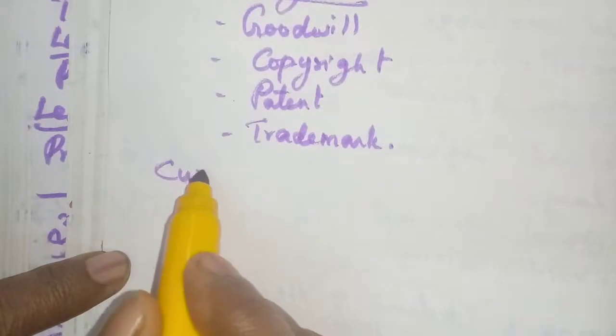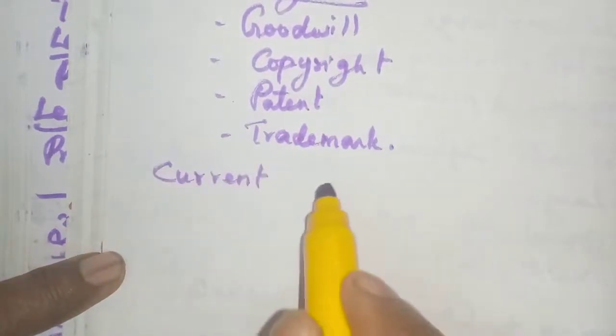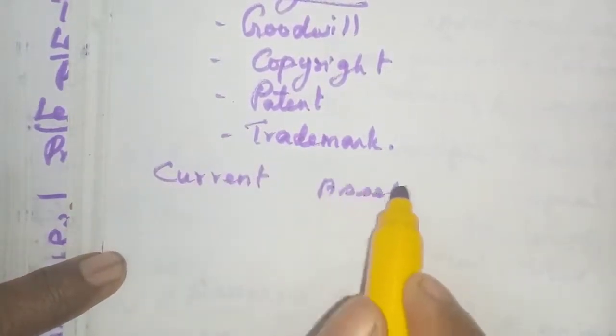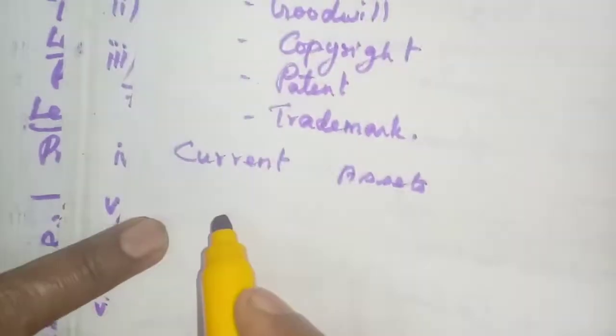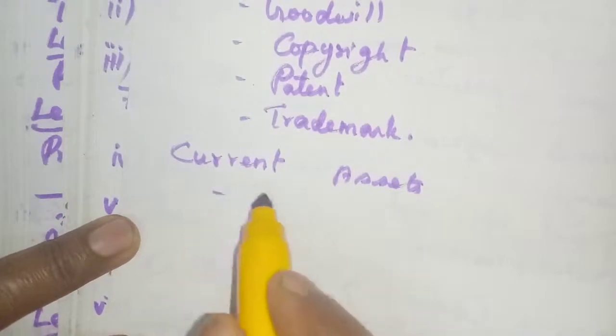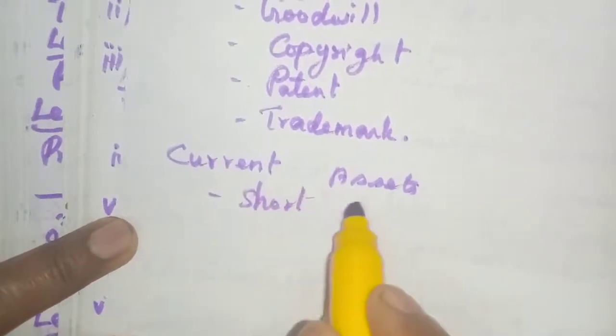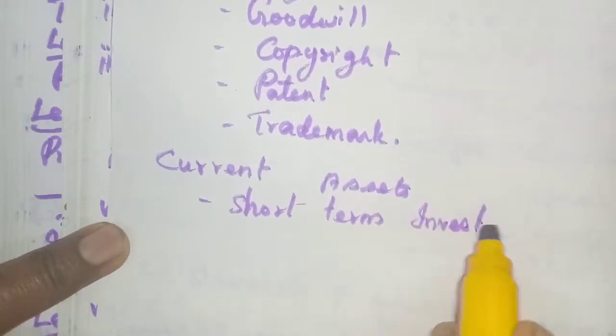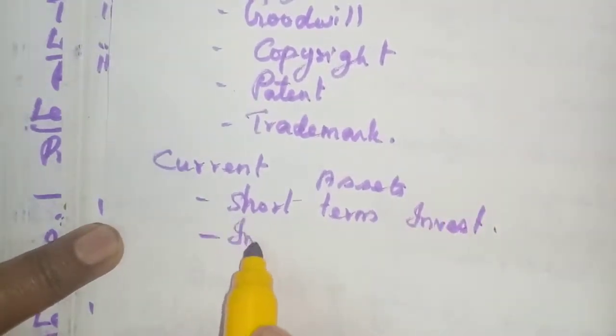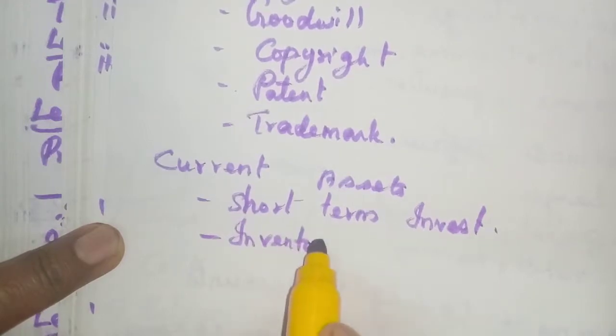Now, current assets. What will come under the current assets? Short-term investments. Then closing stock, that is called inventories.